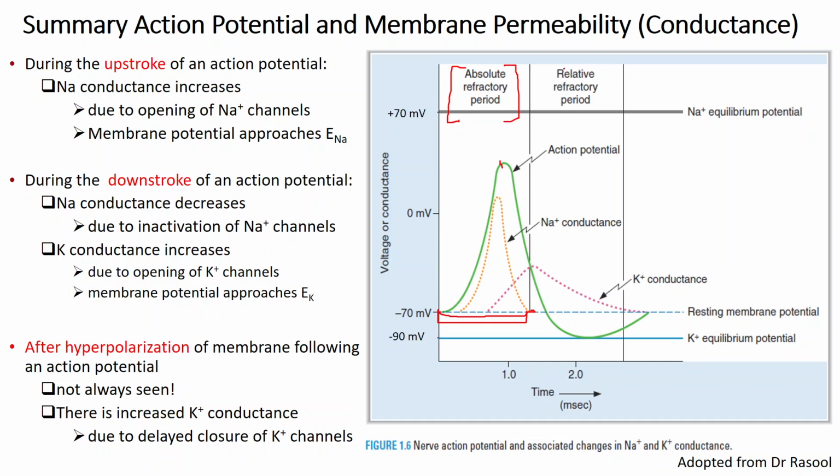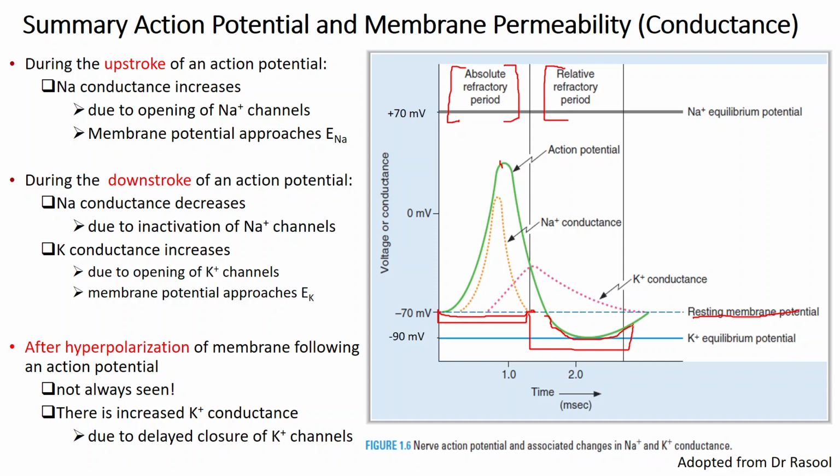And so there is also a relative refractory period. The relative refractory period is the period when the membrane is at an even more hyperpolarized state than the resting membrane potential. This is the resting membrane potential in blue, and as you can see, the membrane potential is even more hyperpolarized than the resting membrane potential.